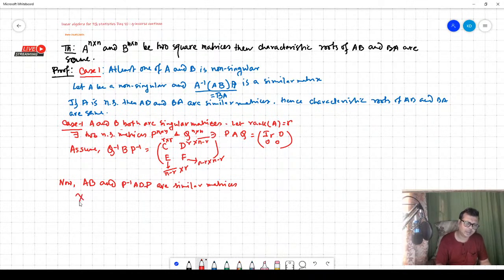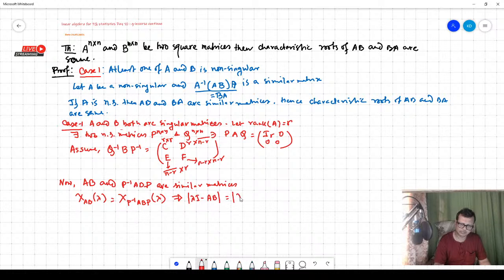Therefore the characteristic polynomial of AB and that of P inverse ABP are the same.